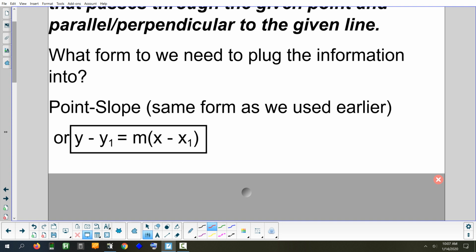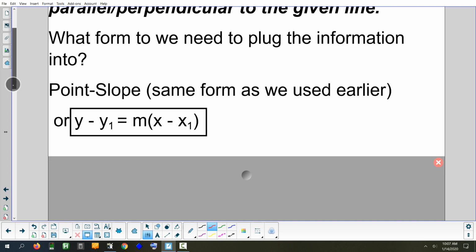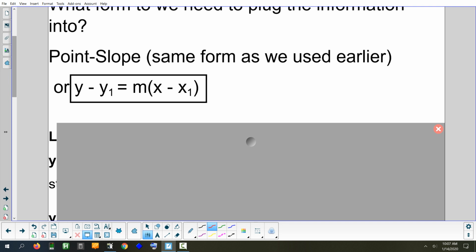On the test, you will need to. That's point slope. Remember, slope intercept is this. You need both of those for the test tomorrow. Point slope and slope intercept. We'll practice this one later on.